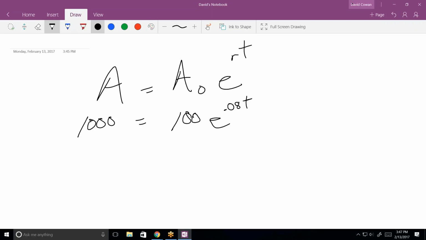And how long? We have to solve for t, so we're solving for that exponent.